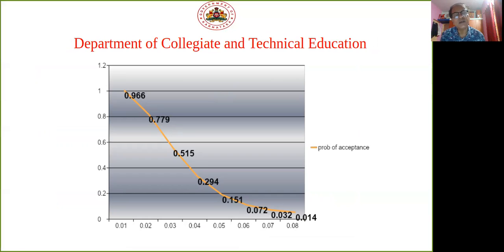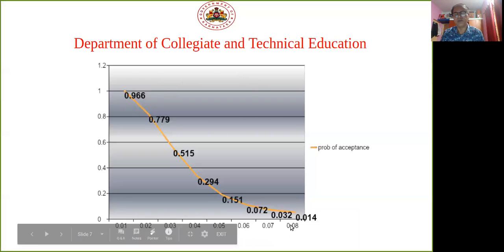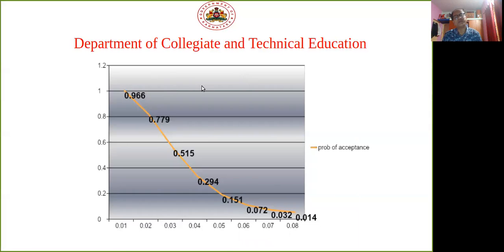This is the OC curve that we have constructed by taking the values of PA and NP from the table. We did not get these values by means of calculation, but from the table.